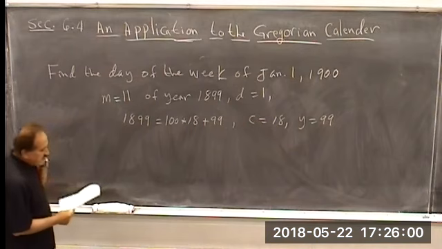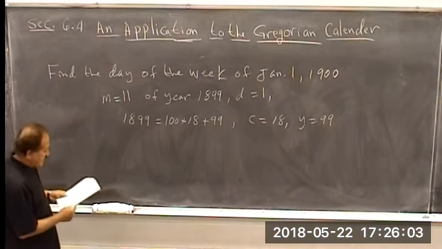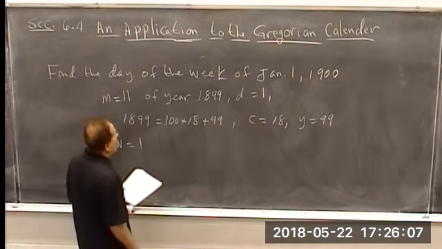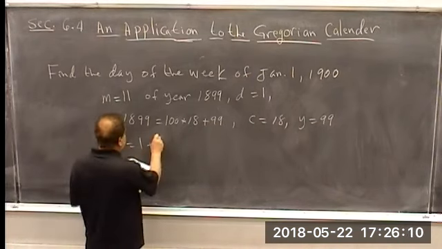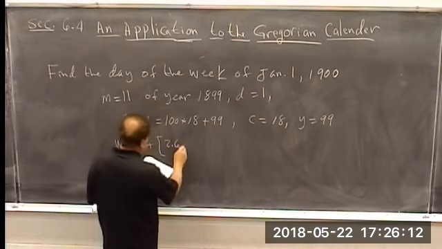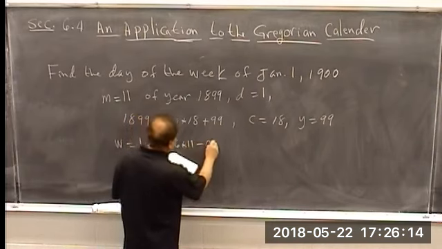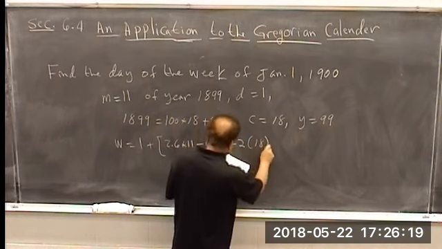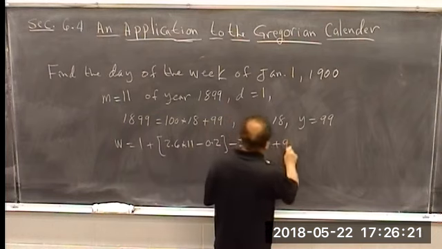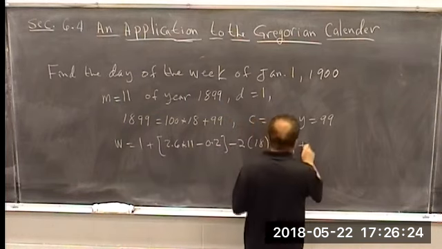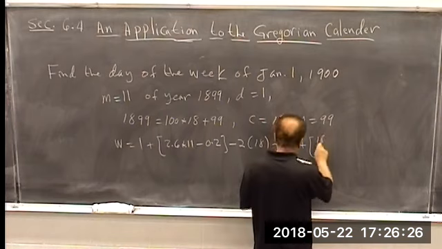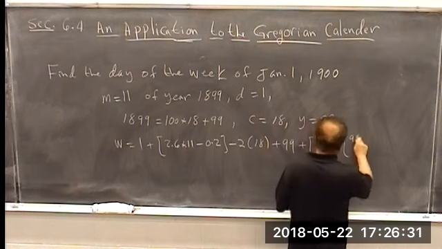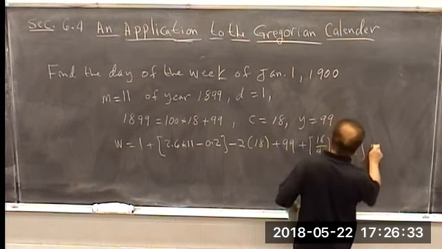And now we can have this. So what's the W? It's going to be day 1 plus 2.6 multiplied by 11 minus 0.2 minus 2C, which is 18, plus Y, 99, then the 18 over 4 and 99 over 4 mod 7.